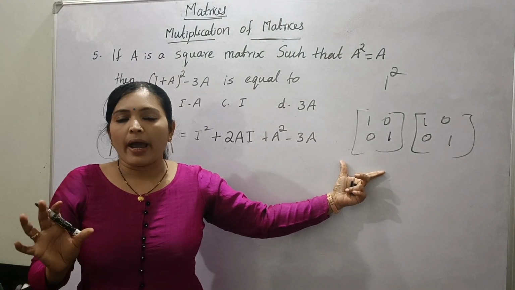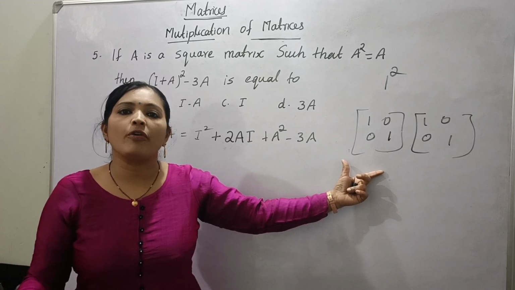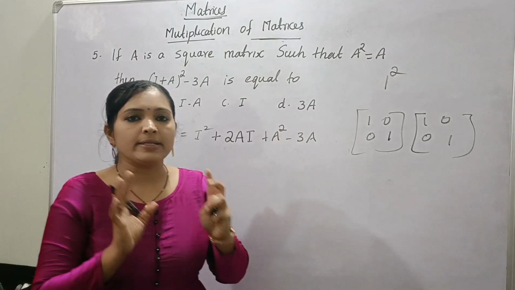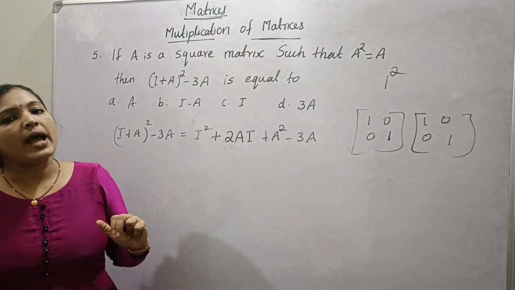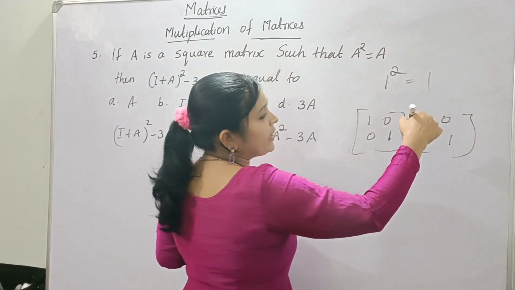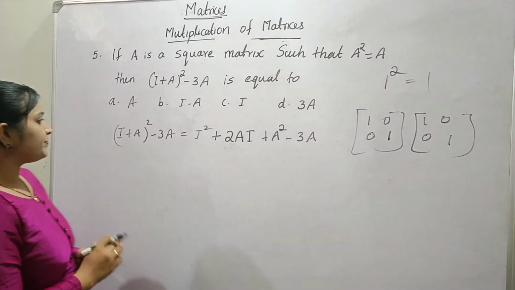Here, the identity matrix is the multiplicative identity of matrices. So the square of an identity matrix is the identity matrix itself. So 1 square is equal to 1 itself. In the same way, I square is equal to I itself.